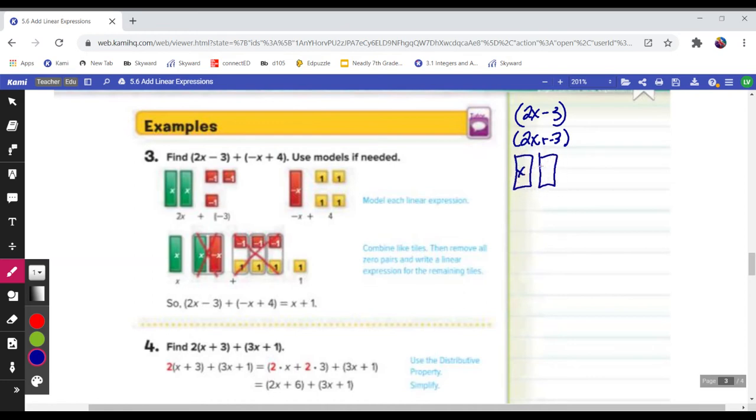So I have 2 of my x, and then I'm going to have 3 negatives. And then we're going to be adding a negative x plus 4. So I'm going to put an imaginary 1 in front to make my coefficient visible. So I know the negative 1. So negative 1x plus 4. That is showing a negative x and positive 4s.